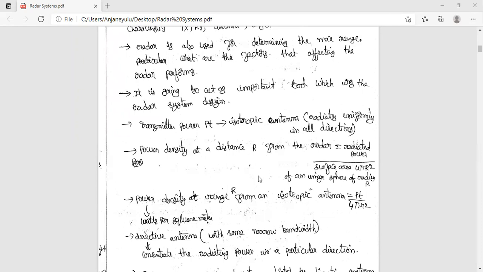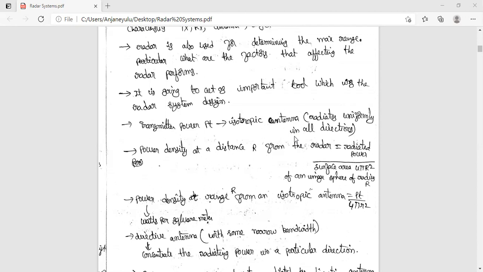When power is radiated from the radar station, that power is Pt, the transmitted power, and the gain of the antenna is G, so the total power transmitted from the antenna is Pt into G. So the power density at range R from an isotropic antenna equals Pt by 4 pi R square.